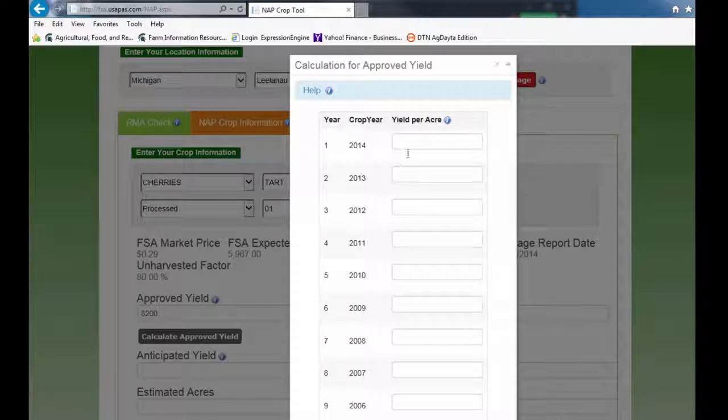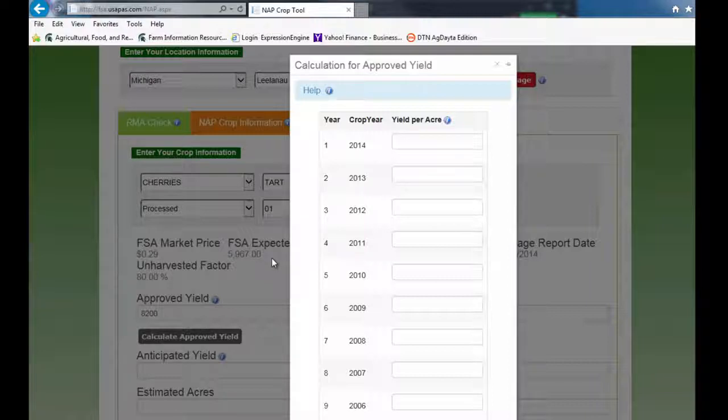If you have 2 years, and it's important that they are consecutive years, then the other 2 years would be filled in with 90% of the county expected yield. If the last 3 years are available and it's only 4 years ago that you are missing, they will plug in 100% of this county expected yield. So that's if you don't have your yield.